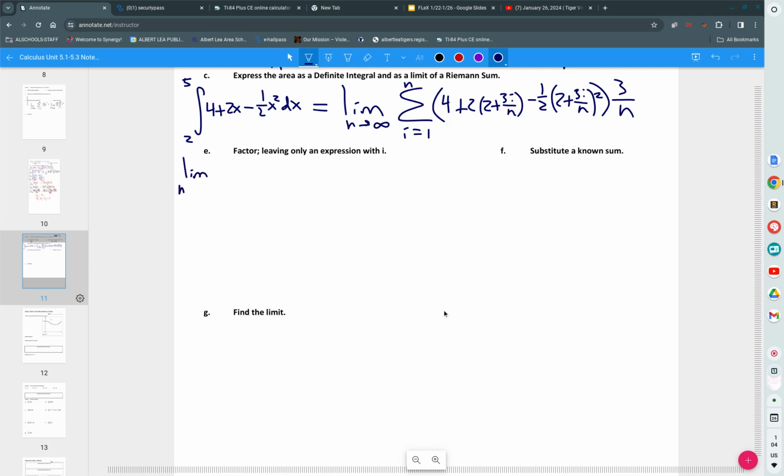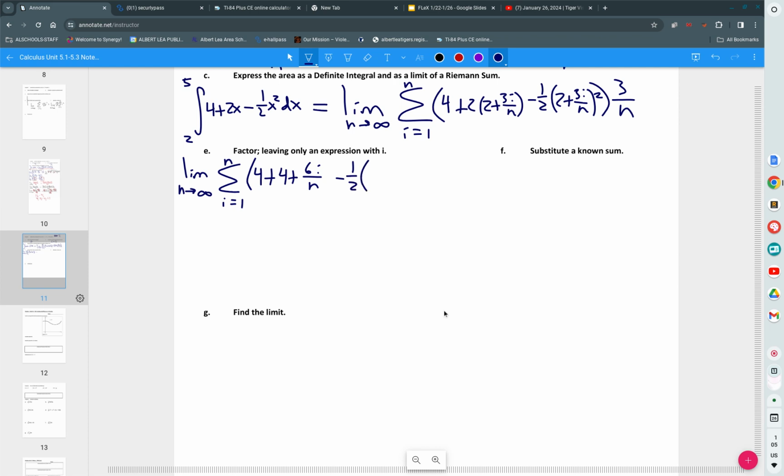Limit as n goes to infinity of the sum from i equals 1 to n of, I guess we'll simplify the parentheses first. I have a 4. Then what? 6i. Yep, I'm going to have a 6i over n. Remember, when you multiply by that 2, it just multiplies the numerator, not the denominator. Minus, I'm going to write the 1/2.